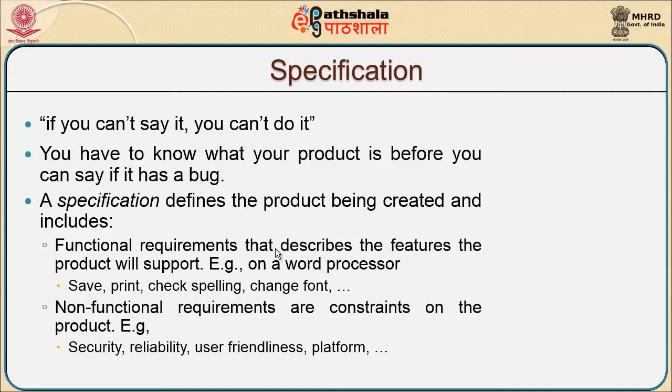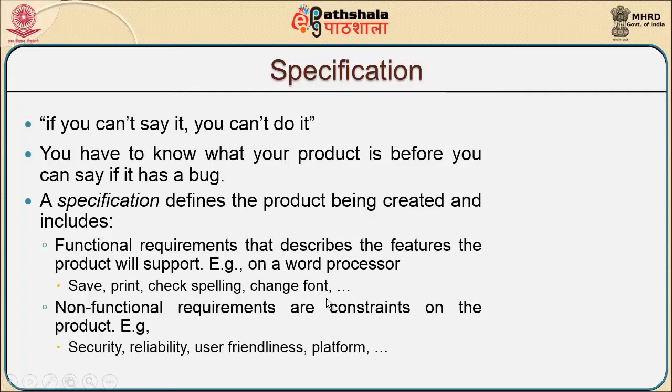That means a specification defines the product being created and includes two different terms: functional requirements and non-functional requirements. As part of functional requirements, we describe the features the product will support, for example a word processor which has save, print, check spelling and check font.